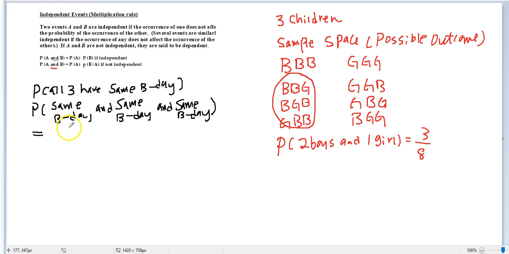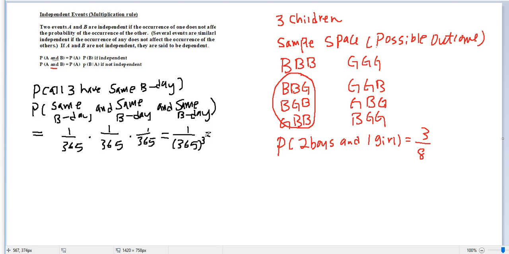So that would be 1 out of 365 times 1 out of 365 times 1 out of 365. So that will be 1 over 365 cubed. That's going to be a very small probability though, right?